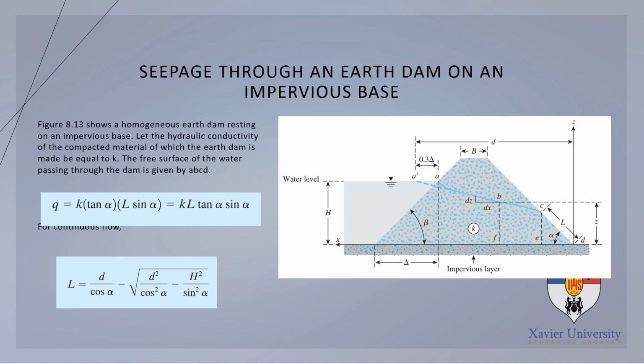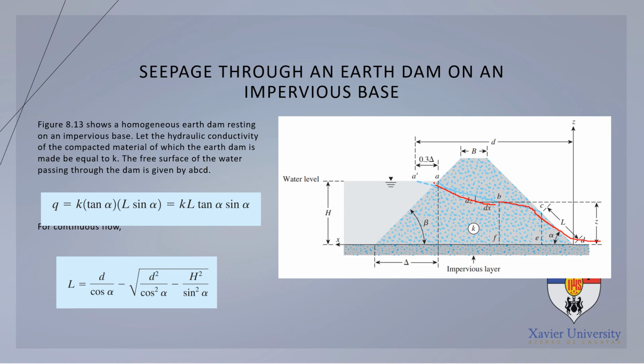Let the hydraulic conductivity of the compacted material of which the earth dam is made be equal to K. The free surface of the water passing through the dam is given by A, B, C, D. So the water will flow there from A to B to C, and then to point D.